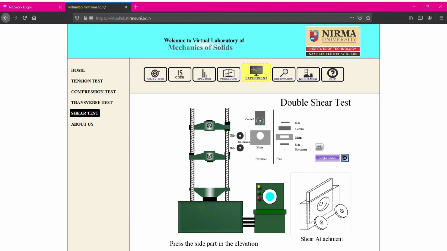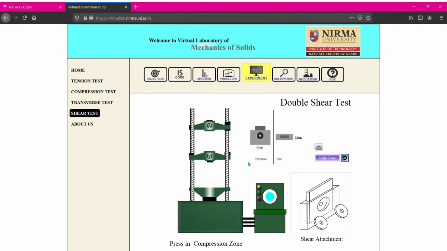Now let's test it for double shear. When we are preparing the shear attachment for double shear test, we will place rings on both sides of the shear attachment, and we'll place the wedge as always in between. Now through the common concentric hole, we will place our specimen horizontally like this, and again for shear we will place it in compression zone, that is our lower head.